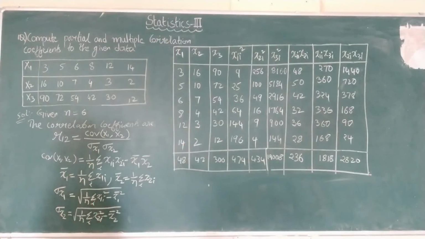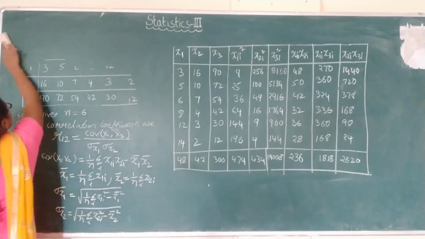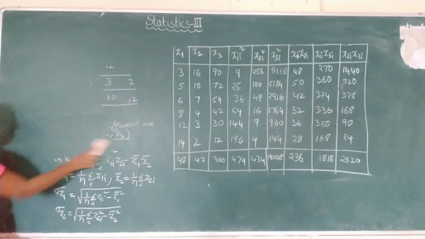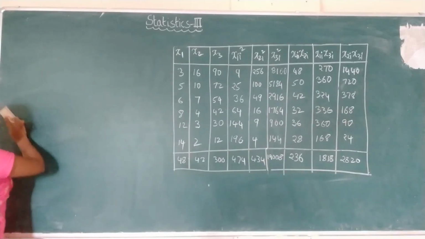Similarly, summation x1i square is 474, x2i square summation is 434, x3i square summation is 19008, x1 x2 summation is 236, x1 x3 summation is 1818, and x2 x3 summation is 2820. Now we will be finding the covariances, sigma 1, sigma 2, sigma 3, and the R12, R13 and R23 values.